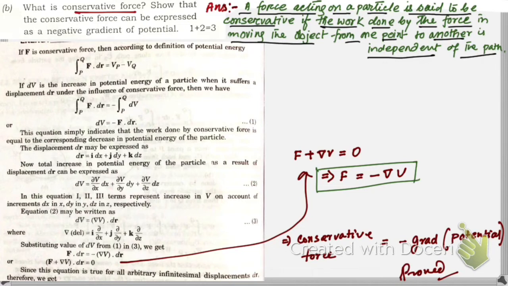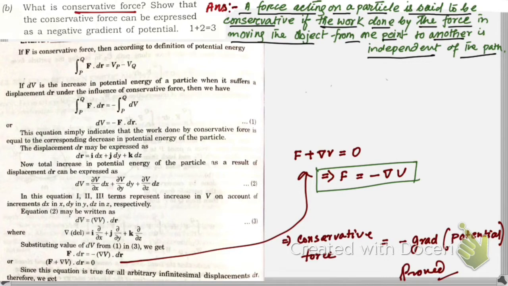So if you are doing work by applying a force on an object, and it is moving from one point to another, and the work done by this force doesn't depend on the path, then it will be called a conservative force. I hope you have understood this concept.